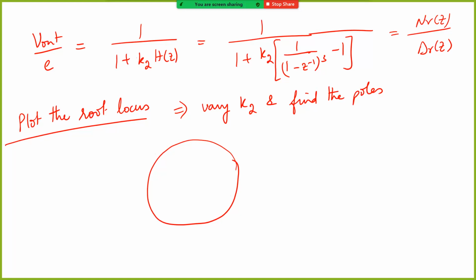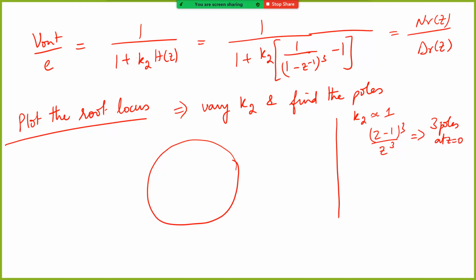For the ideal case, when K2 is equal to 1, it's the normal case. You know that your noise transfer function is nothing but 1 by 1 minus z inverse the whole cube, which means z minus 1 by z the whole cube. So basically it means you have 3 poles at z equal to 0.